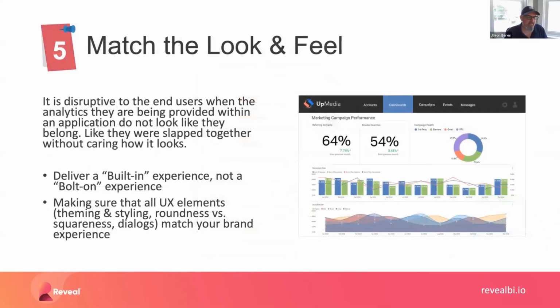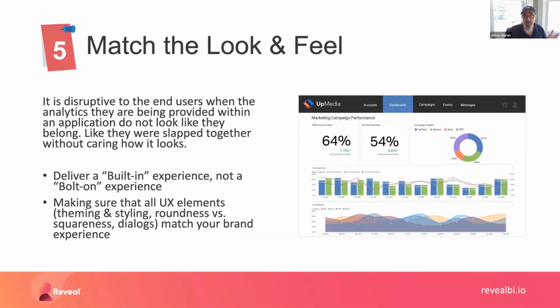The fifth thing, this comes up all the time, and it's always part of this whole digital transformation story. Like, I need to map to this new theming and branding experience. We give you the ability to customize every aspect of the theme in Reveal. So not only do we ship four beautiful themes, an ocean theme and a mountain theme, and they both come in a light and a dark, which you'll see in the demo today, but at the same time, let's say you don't want those themes.